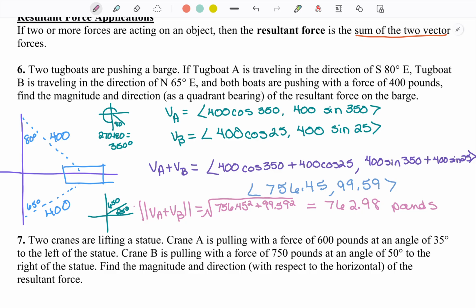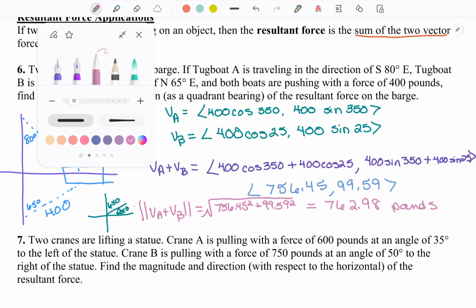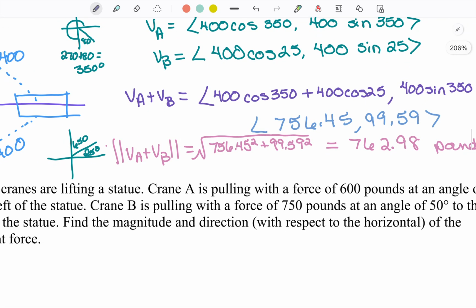And then for that direction angle, we are going to have tangent of theta equals 99.59 over 756.45.